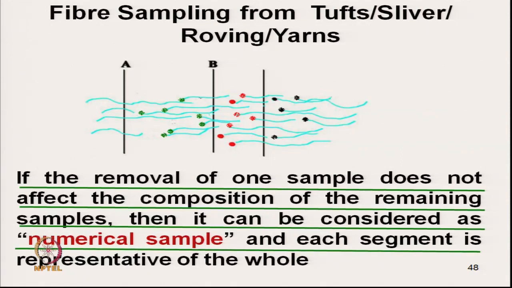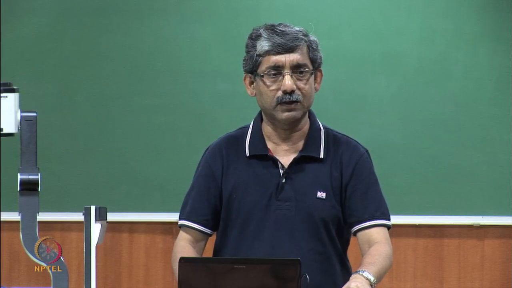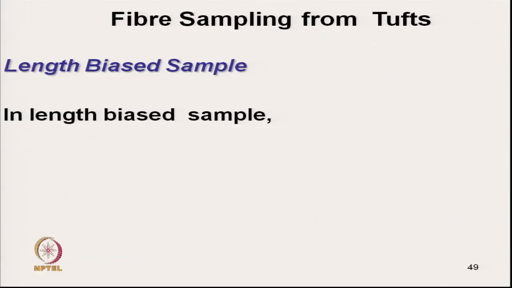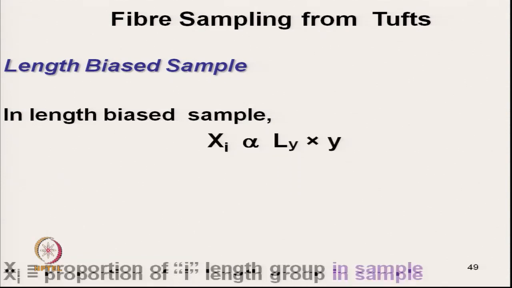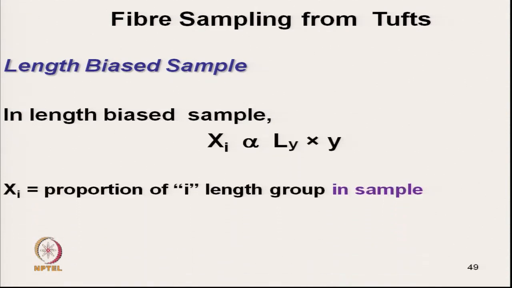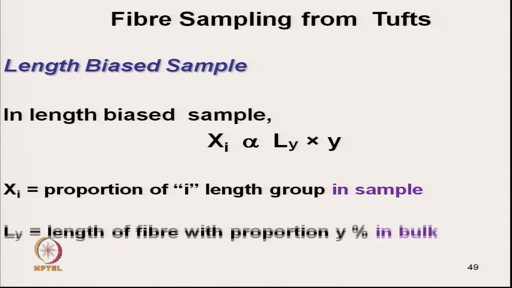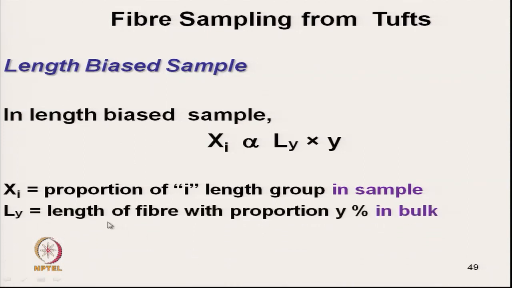Now, let us see how to get the numerical sample and also the length bias sample. In a length biased sample, as we have discussed, x_i is proportional to L_y multiplied by y, where x_i is the proportion of the i-th length group in the sample, and L_y is the length of the fiber with proportion of y% in bulk.